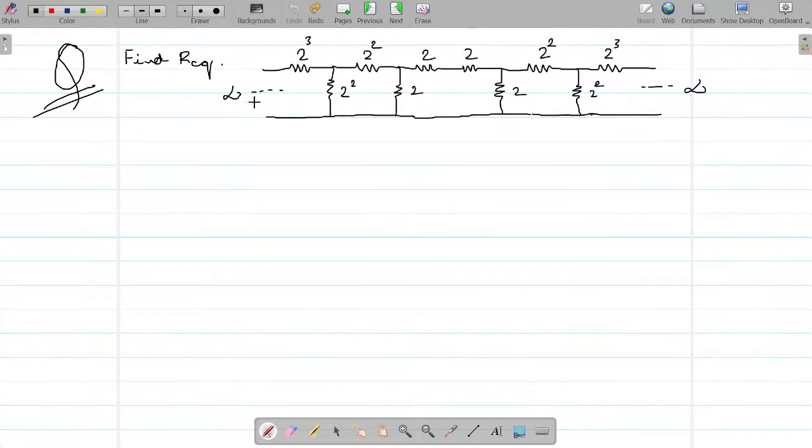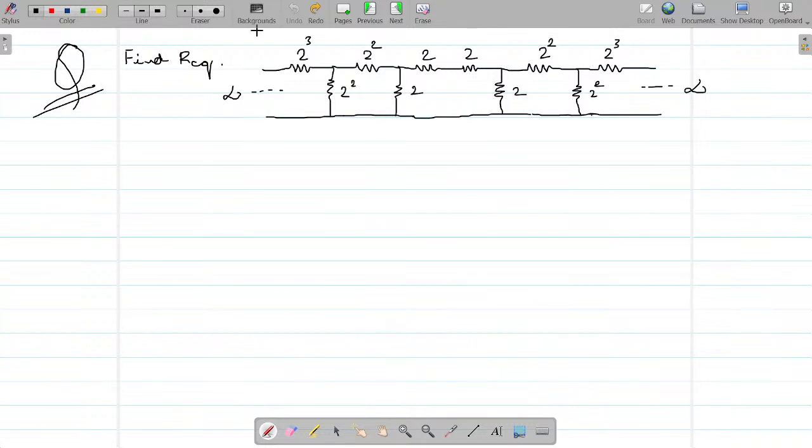Now tell me, how are you going to approach this question? What is the pattern that you see?